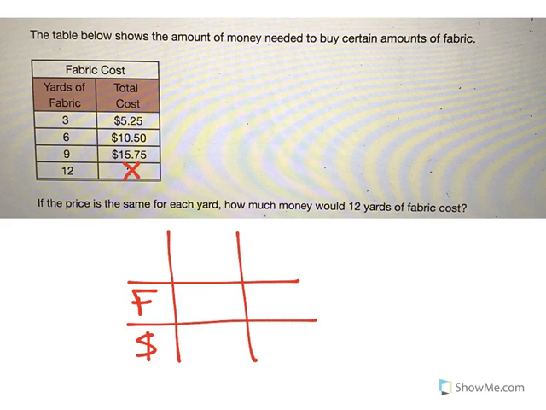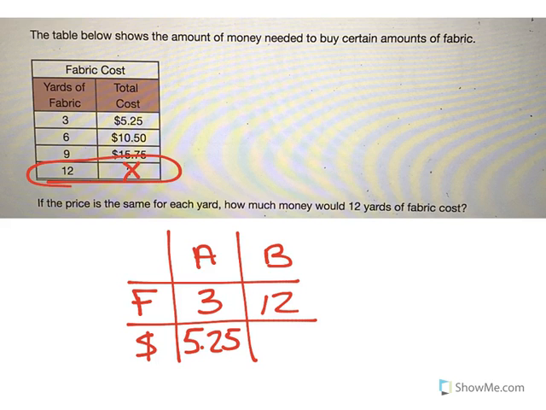And so I'm going to put A here for my first and B for my second. A fabric 3, and I get $5.25. I'm going to pick 12 here. Why 12? Because 12 is involved with the missing cost. And I'm going to put a variable.